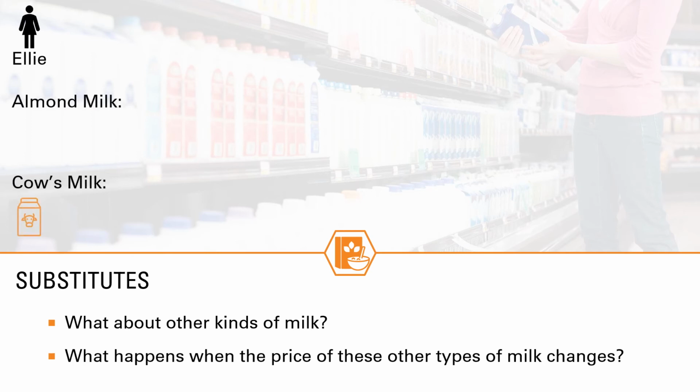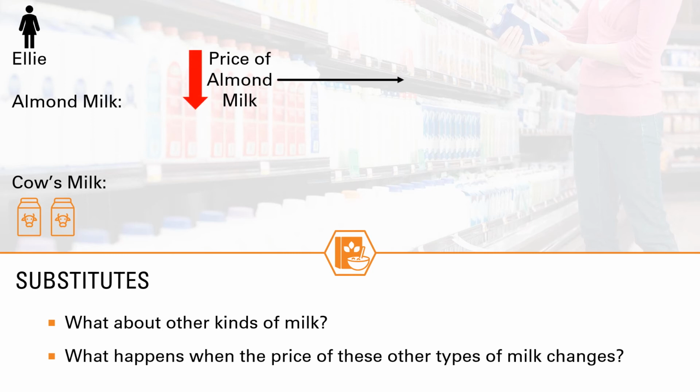So again, we've got LA, and then this time we've got almond milk and cow's milk. And usually we've got cow's milk, and you say Ellie doesn't buy any almond milk. She just buys cow's milk, okay, usually. So let's have a look what happens when the price of almond milk changes. So again, almond milk can substitute for cow's milk. So if we decrease the price of almond milk, again, what happens to the demand for almond milk?